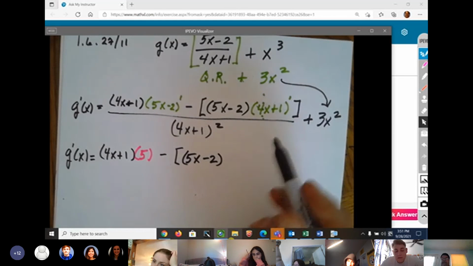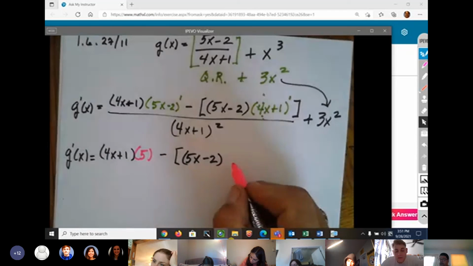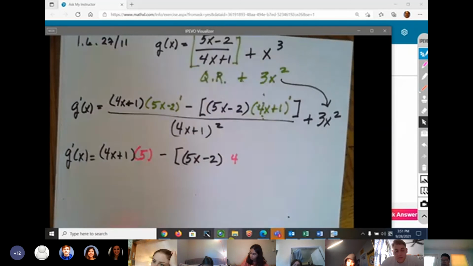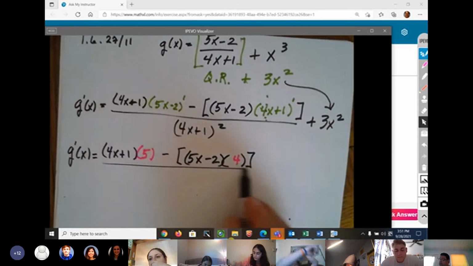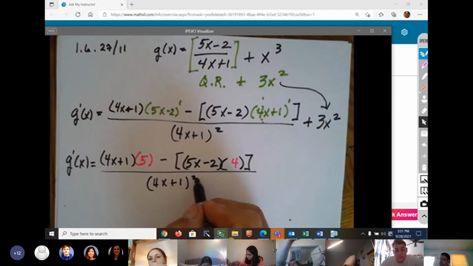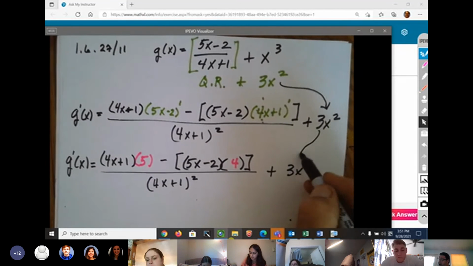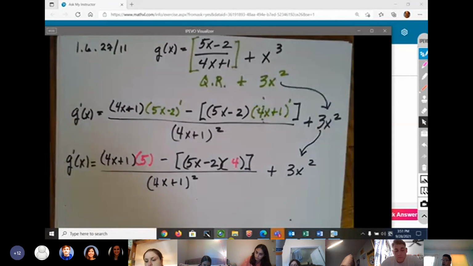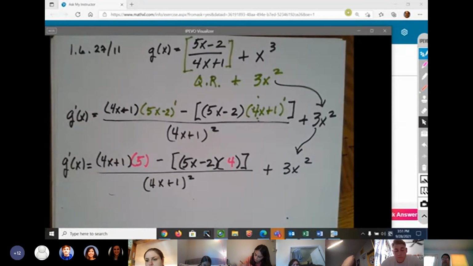And what is the derivative of 4x plus 1? 4. And that's why I put this on, because this is workable. Over (4x plus 1) quantity squared, plus 3x squared. All right, do your algebra and clean this up. Everybody should be able to clean that part up.